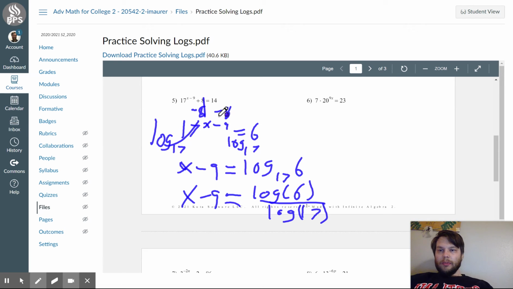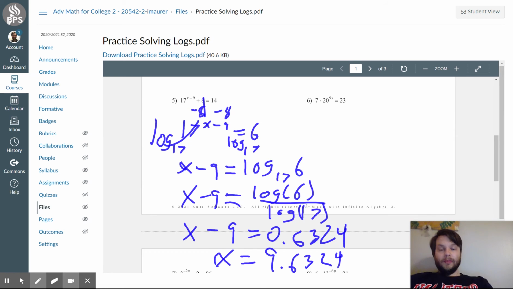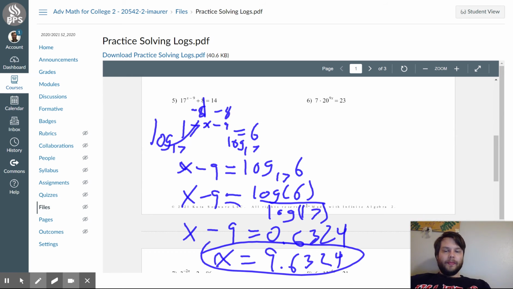We got 0.6324. So x minus 9 equals 0.6324. And then I just got to do inverse of minus. So I add 9, 9.6324. There you go.